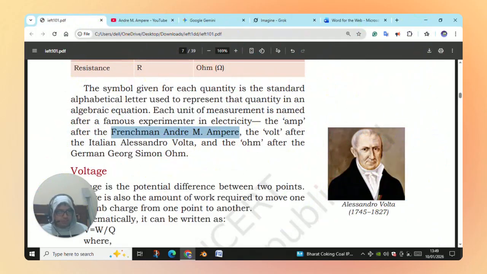Next is the volt, after the Italian Alessandro Volta.